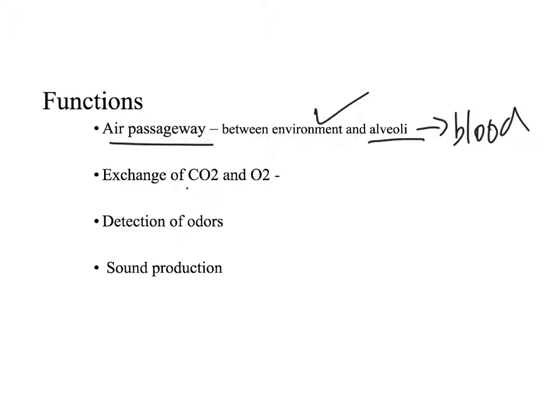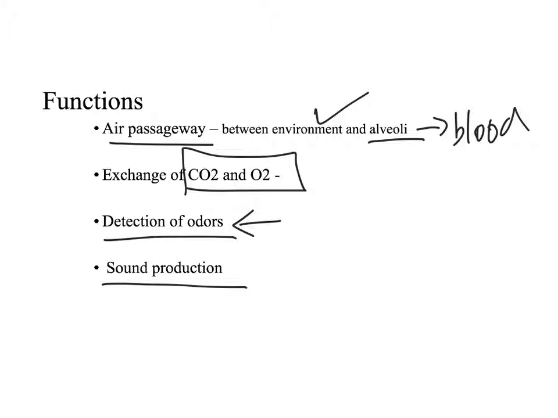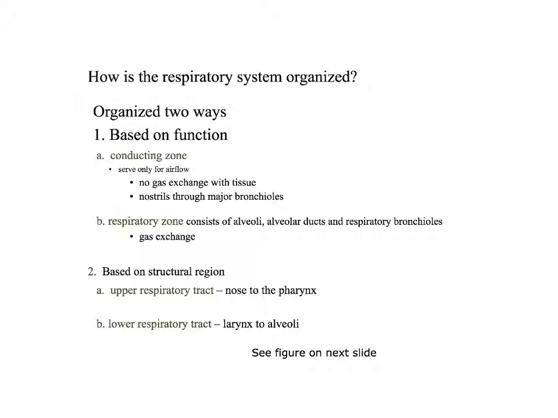Okay, another thing it does is it provides lots of surface area for the exchange of carbon dioxide and oxygen. Okay, we use components of the respiratory system to detect odor, which actually helps keep us alive, because if we smell something bad like gas, it's going to get us away. And then also sound production, so our voice, they consider that function part of the respiratory system.